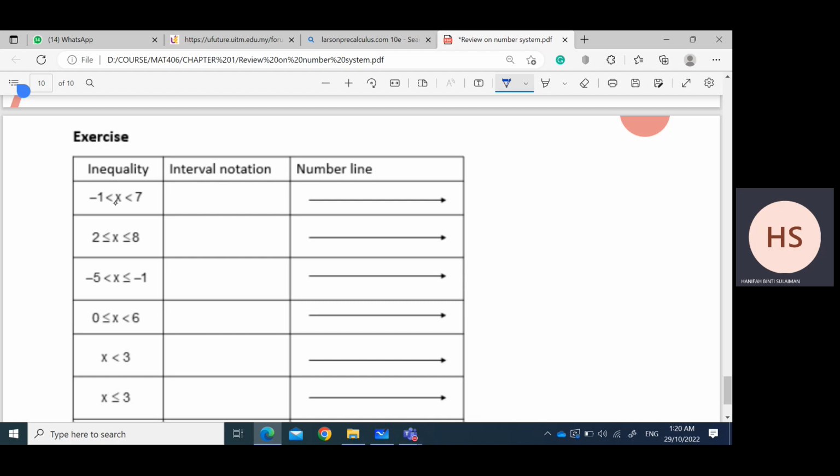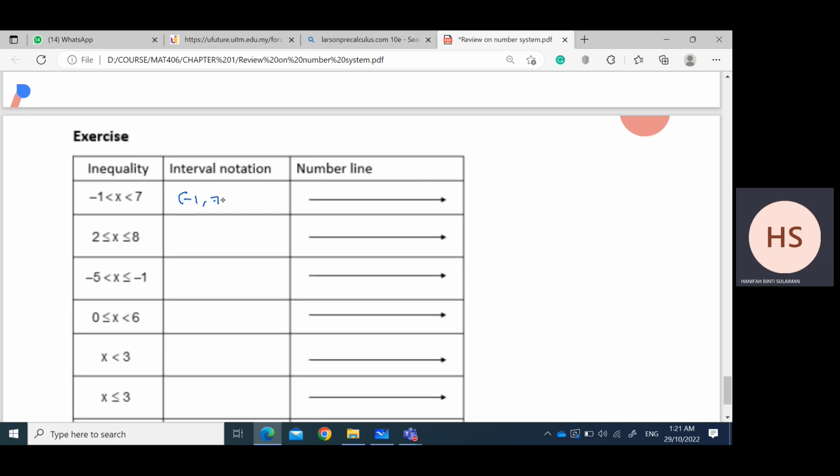For interval notation, bila dia tidak menyentuh, kita gunakan open bracket, so negative 1 to 7. On the number line, the smallest number is negative 1 and the largest is 7, with bullets not coloured, and all this line is the numbers of x.